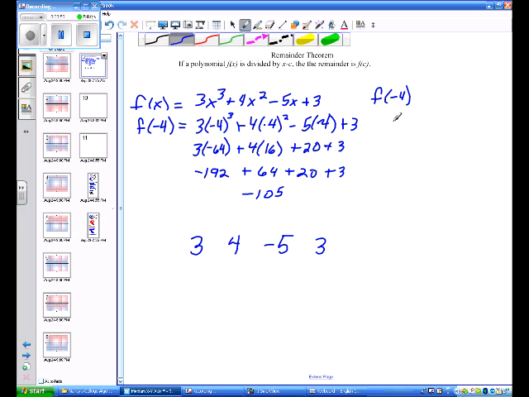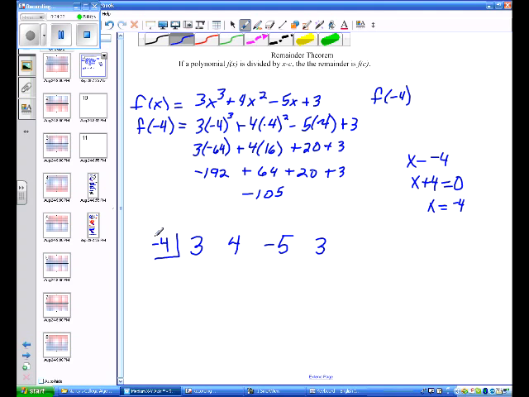Well, let's see what that would mean to do. This is c. If we divided it by x minus c, then that means that our divisor would be x plus 4. But if you remember, what we did to get our divisor in synthetic division was we would set that equal to 0 and solve so that x would be negative 4. So we divide it by whatever c is.